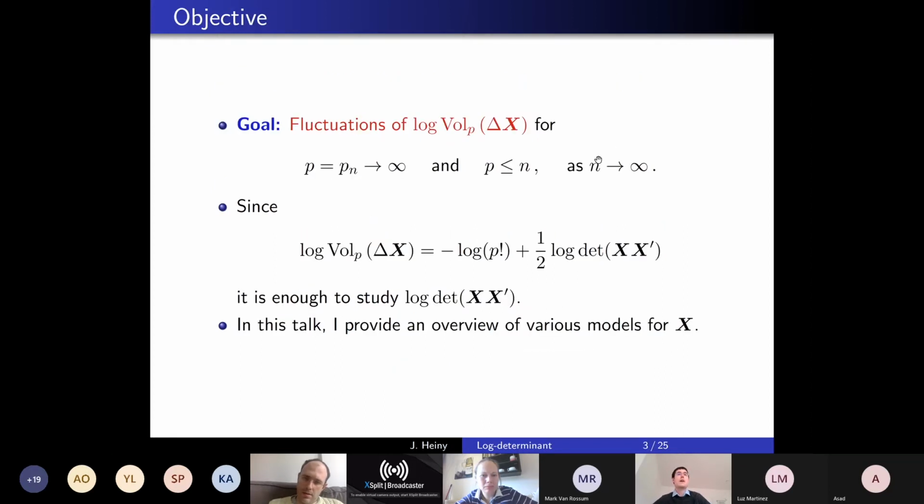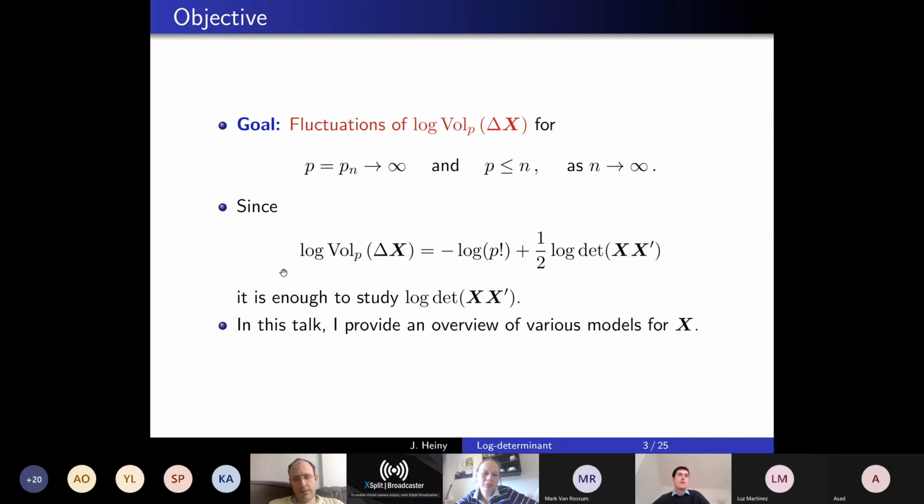And the goal will be to derive fluctuations for this log volume of the simplex. And in the high-dimensional regime, where p will always depend on n and tend to infinity as n goes to infinity, and p is at most n. Otherwise, this volume is automatically zero.